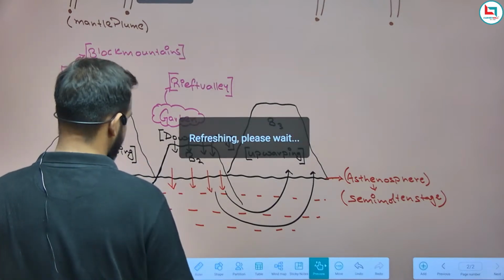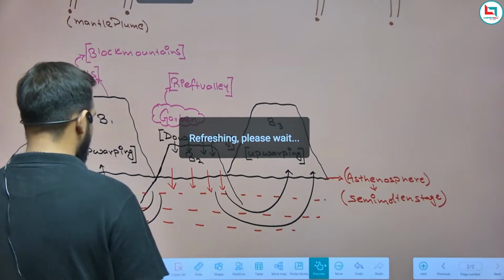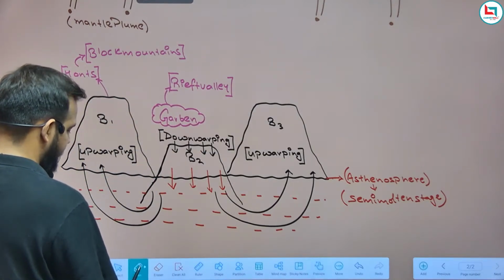Examples are, just wait. Vindhya, Satpura, Western and Eastern Ghats are the examples. Okay.